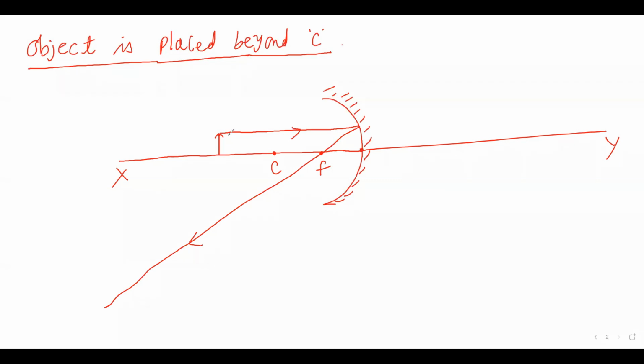Next, a ray passing through the center of curvature will reflect back in same direction. This is the point where both the rays are joining. You will be getting diminished image between C and F.